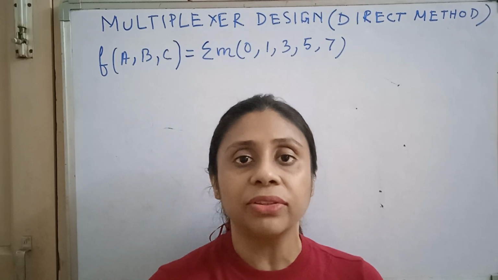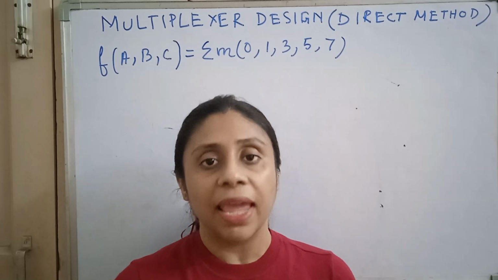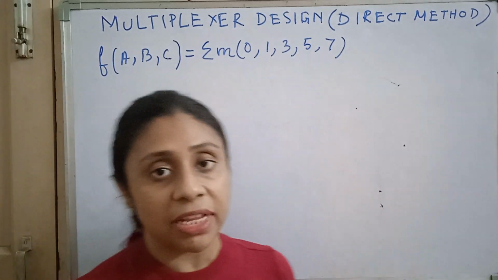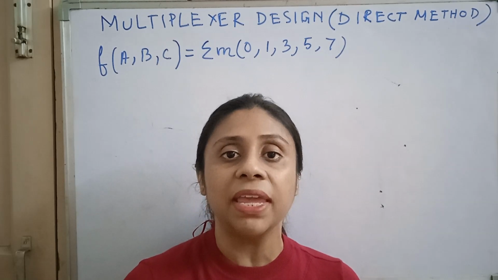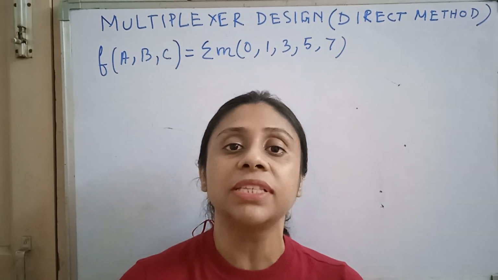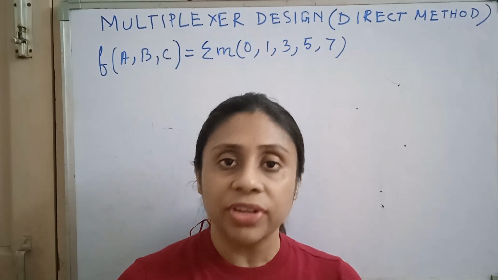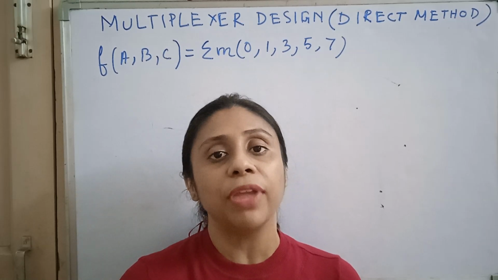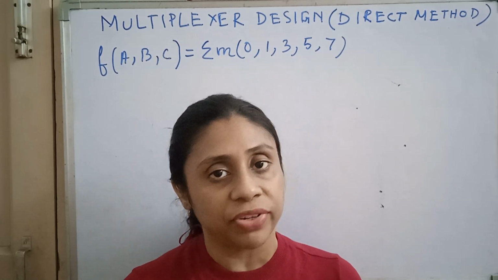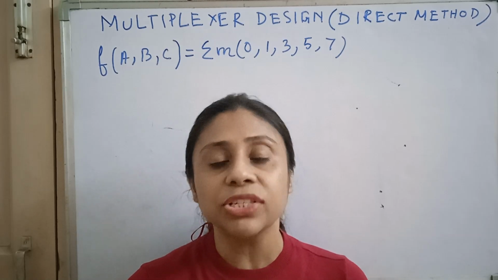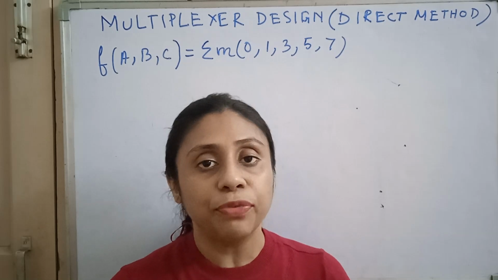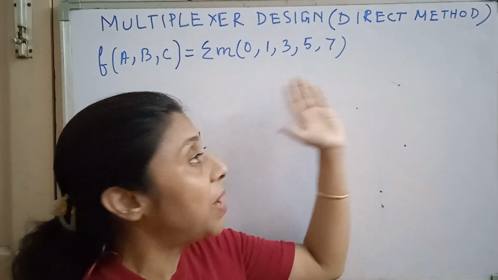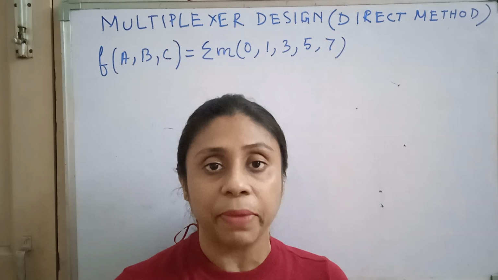If there is a three variable expression, A, B, C, then these three variables A, B and C will be given to the select lines. So there are three select lines, so the number of input lines will be 2 to the power of 3, that is 8. So the size of the multiplexer will be an 8:1 multiplexer, if we implement this expression by using the direct method.